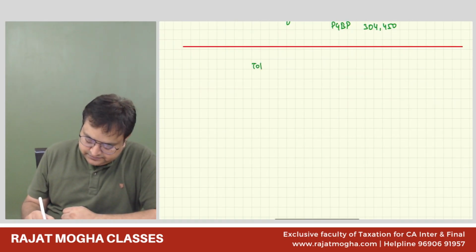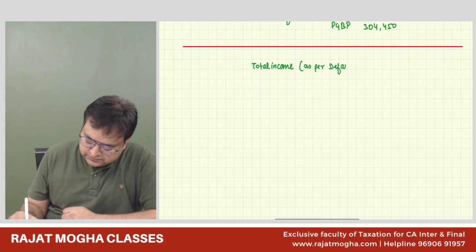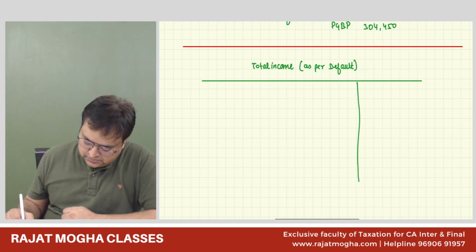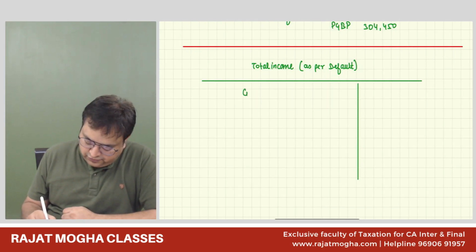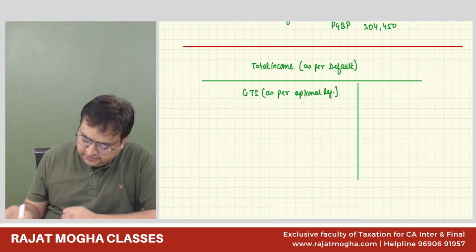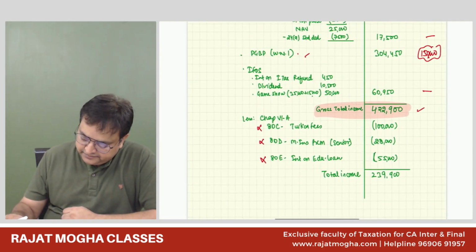So total income as per default. Gross total income as per optional regime was 4,22,900.